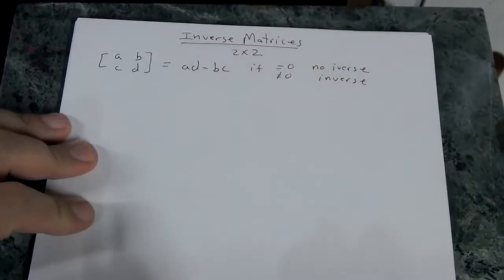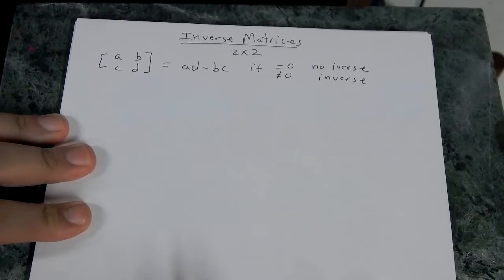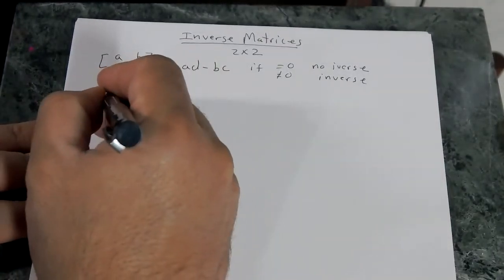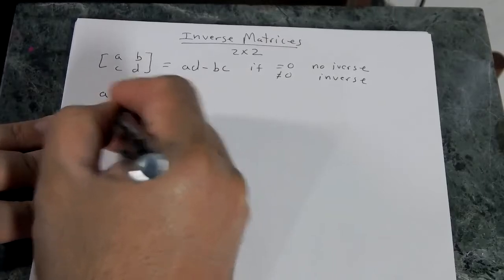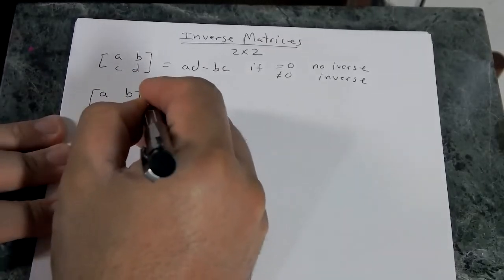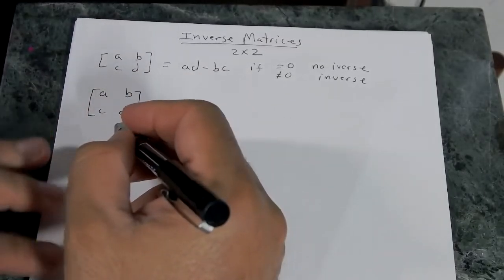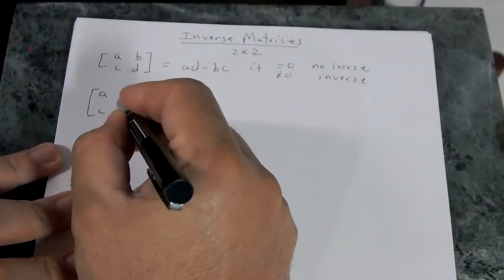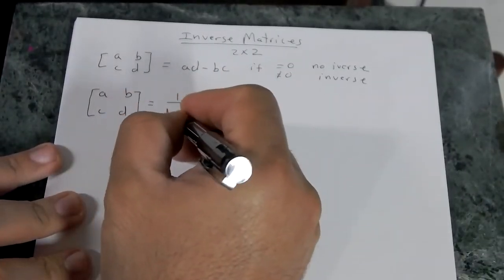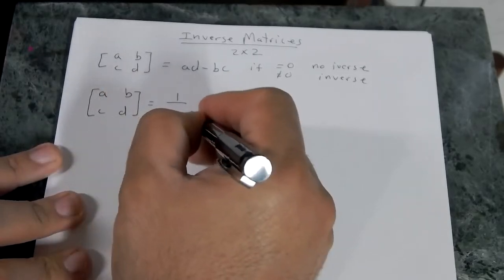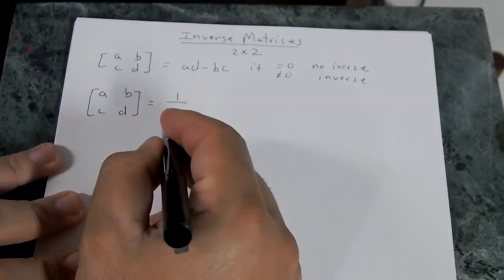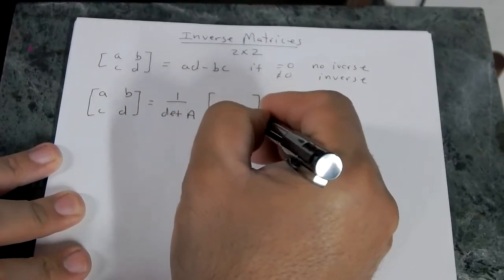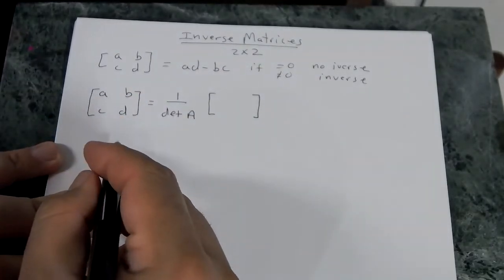Okay, so how do I find the inverse? Let's take this ABCD again. Here's my matrix, and I want to find its inverse. Let me call this matrix A. Its inverse is defined by 1 over its determinant, and then we're going to rewrite this 2 by 2 in this fashion.